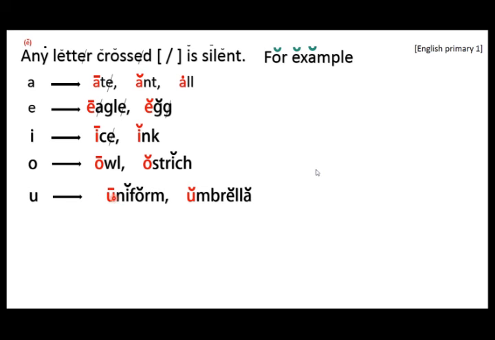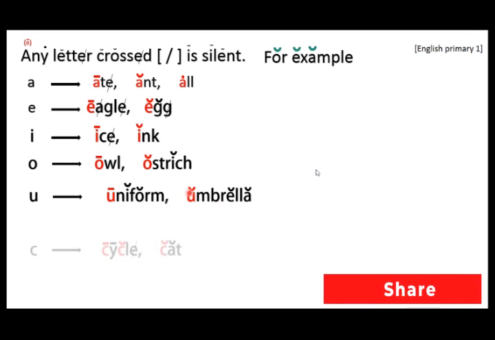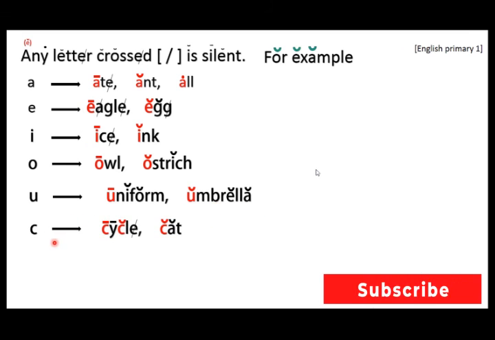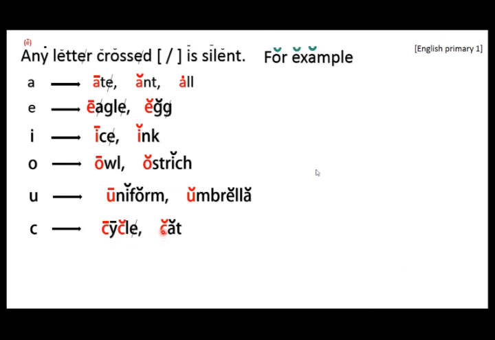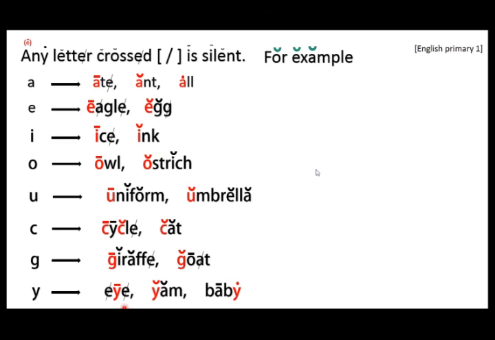U, we have U for uniform, and umbrella, O for umbrella. C for cycle, and K for cat. G for giraffe, and G for goat. Y for eye, yam, and baby.